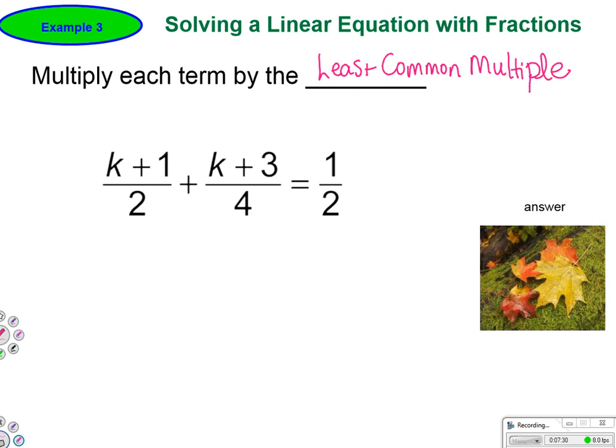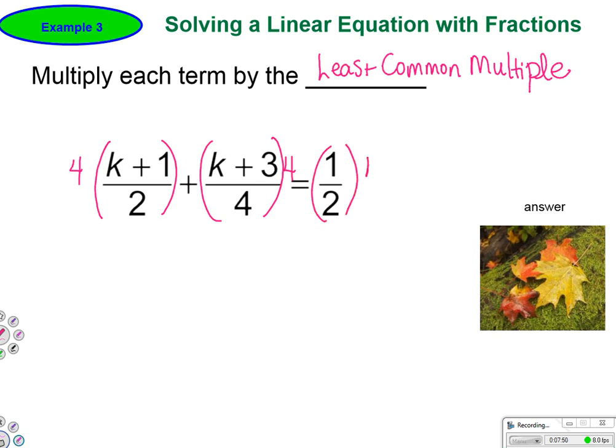And to me, if I have the numbers 2 and 4, well, they would both go into 4, wouldn't they? So 4 becomes the least common multiple for them. So what I'm going to do is multiply every term by 4.